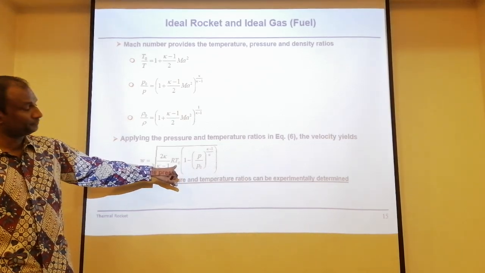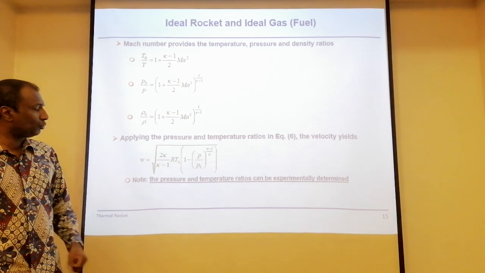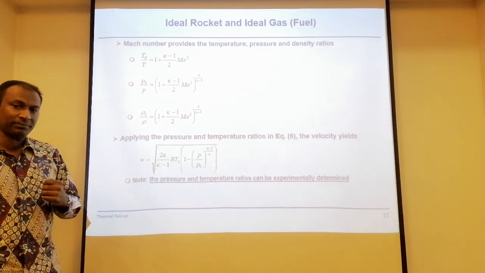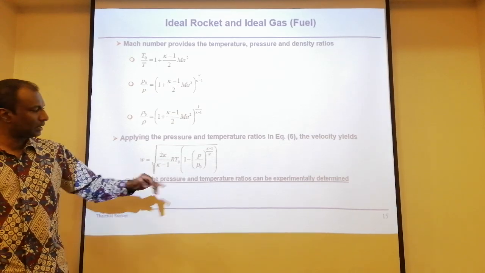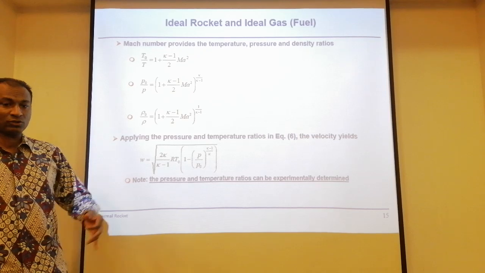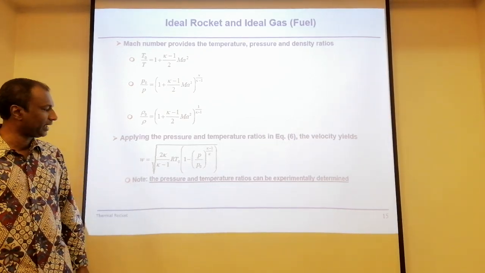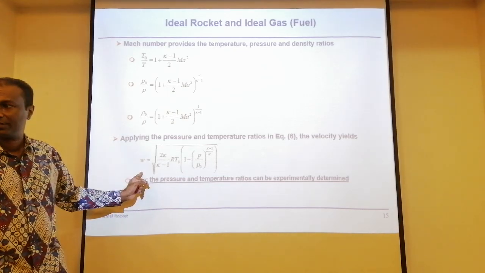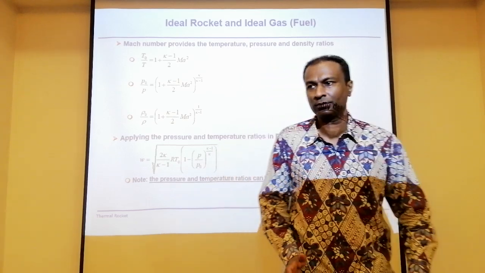Then the temperature and pressure ratio. How can I measure temperature in an engine? I have a temperature sensor. How can I measure the pressure? A pressure sensor. So I have these sensors in the engine setup, and I should be able to estimate my WE for this engine. It's done. That's how it has always been done for rocket engines.